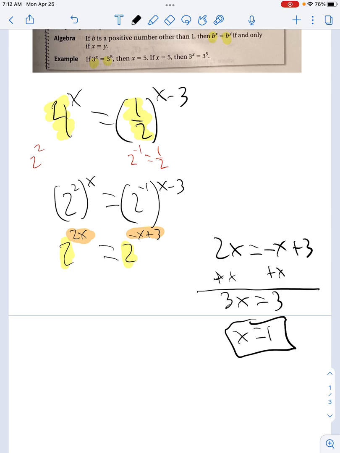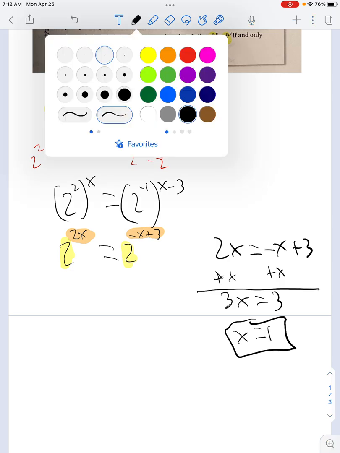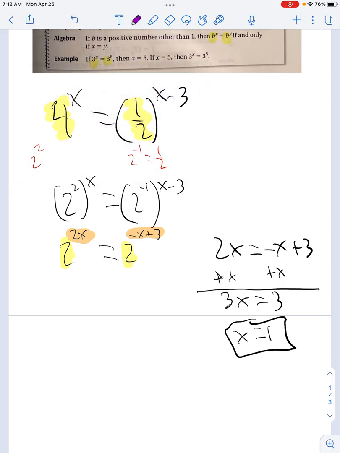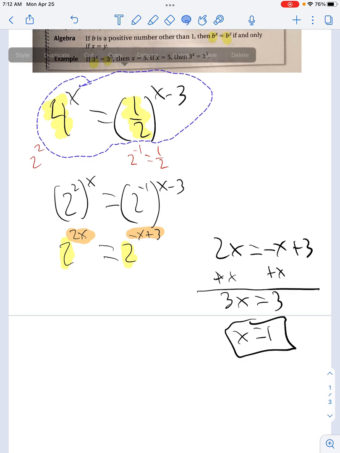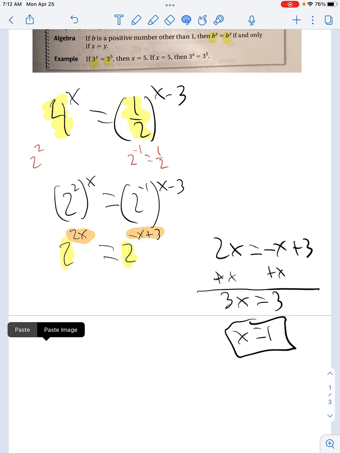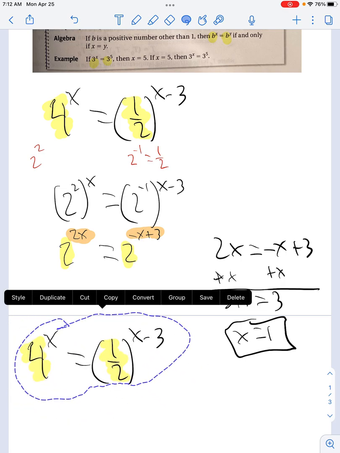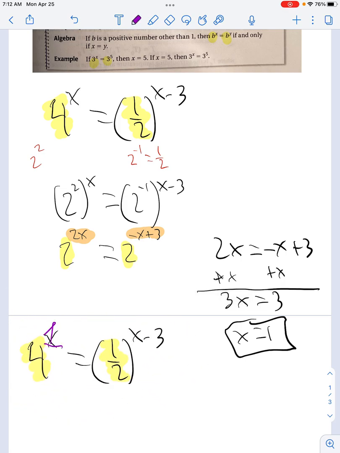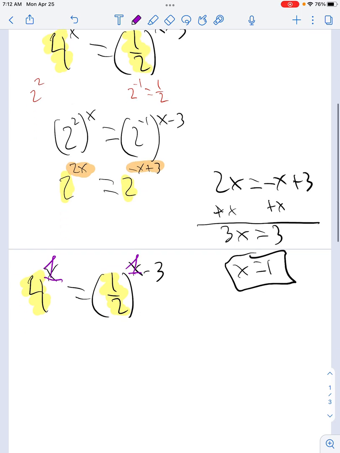So let's check our solution. Again, it's always good to check your answer. Taking my original equation, I'm going to plug in a 1 here and a 1 here and get 4 to the first equals 1/2 to the 1 minus 3, which is negative 2.